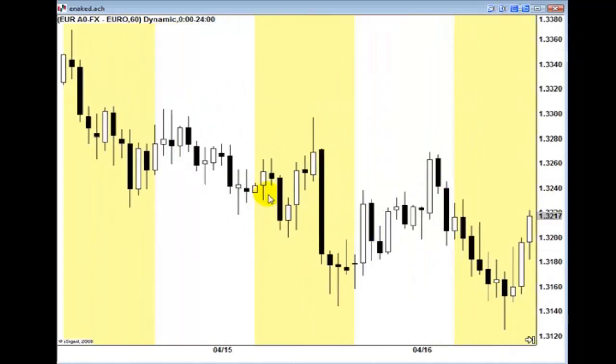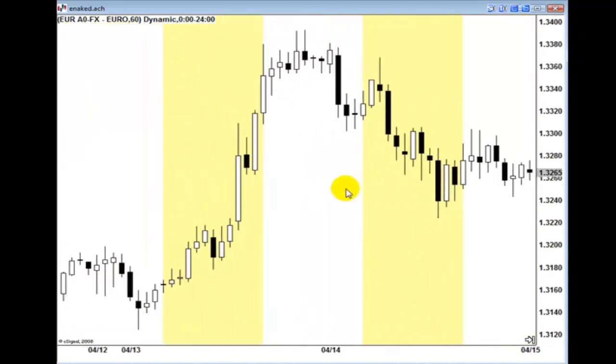Now, of course, I'm not going to be able to find one example for you, but there's a couple of good examples. They don't always take place at the top or the bottom of a move. They sometimes take place in a group or a cluster of candles. Now, this has been a strong move up, okay?